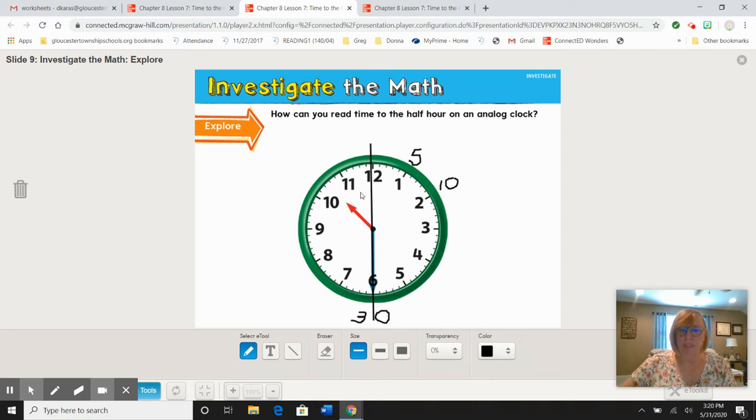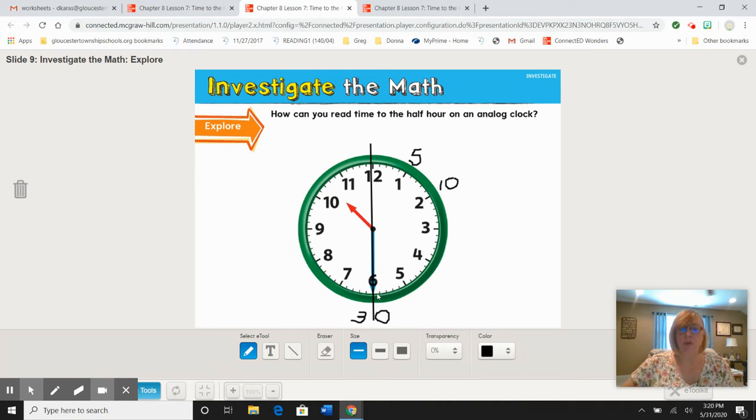What that means is that it was 10 o'clock and the minute hand went half past, or halfway around the clock. Very few people actually say half past. A lot of people will say 10:30.